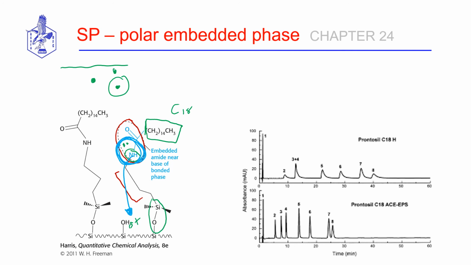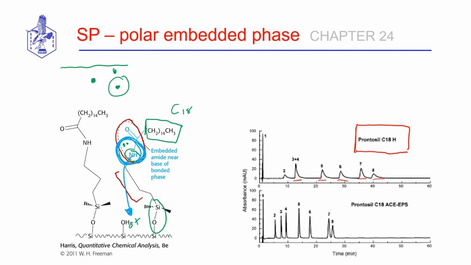So these polar embedded phases will result in improved chromatograms as shown to the right. We are first looking at a separation done on just a traditional C18 column without such a polar embedded phase. You will see for this particular separation, we have considerable peak tailing happening with each and every one of our components.